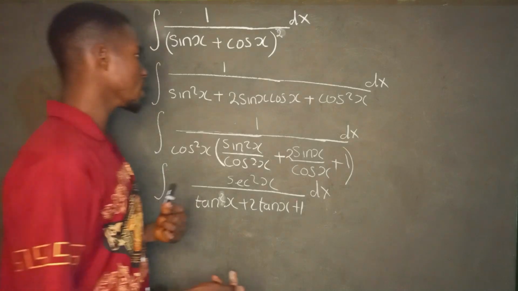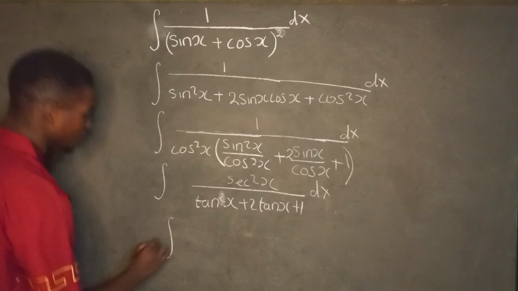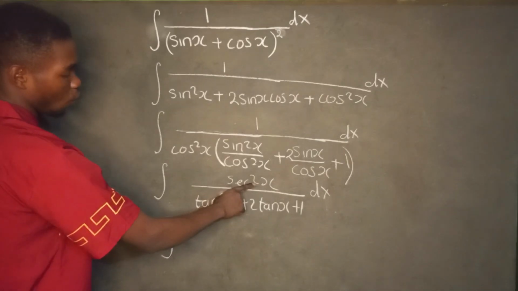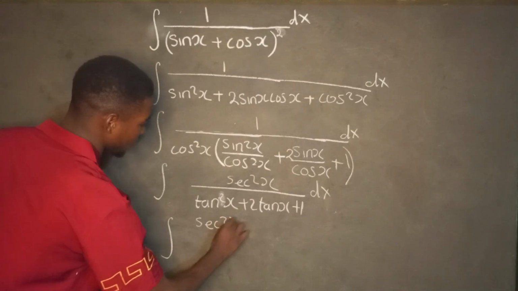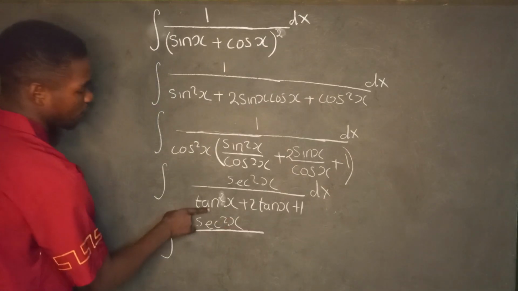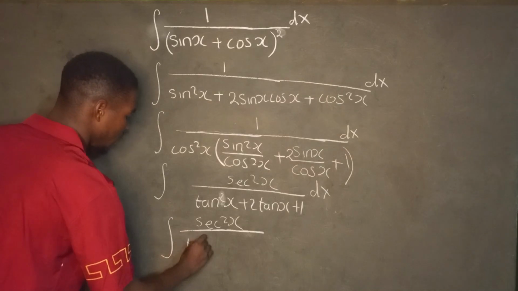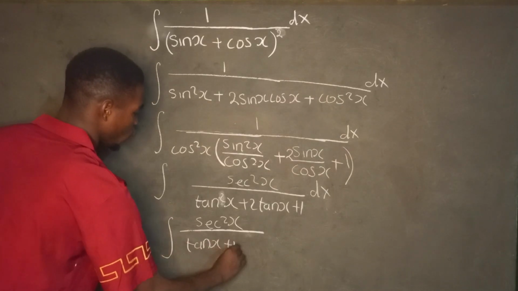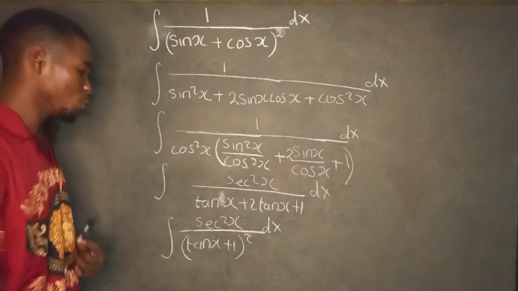So this translates into the integral of sec squared x over (tan x + 1) squared dx. What did you discover?